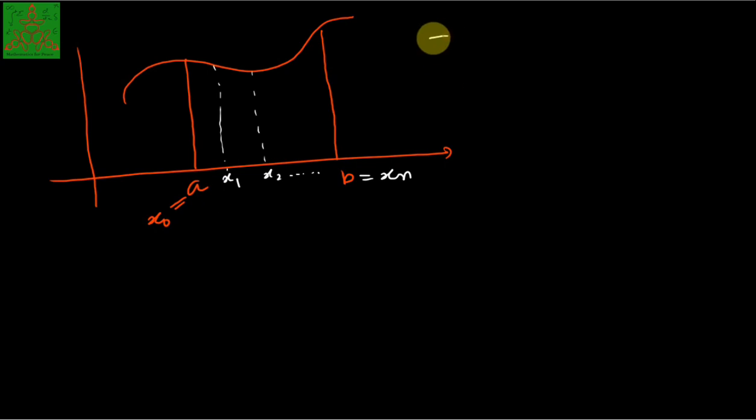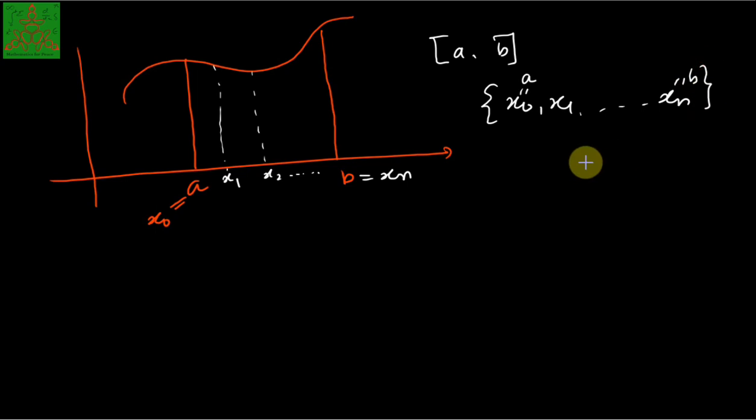So we have divided the interval AB into a partition. The partition points are x0, x1 up to xn, where x0 is a and xn is b. We have divided this whole interval into n equal parts.